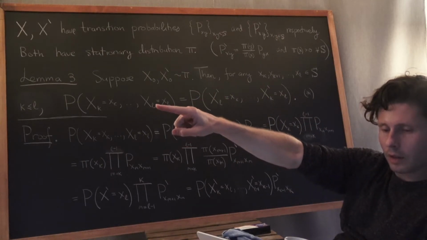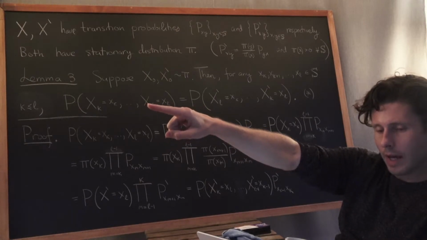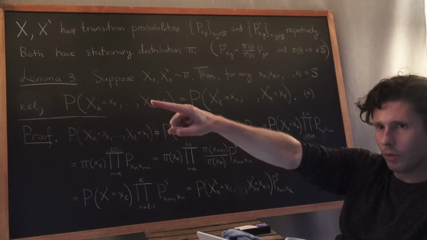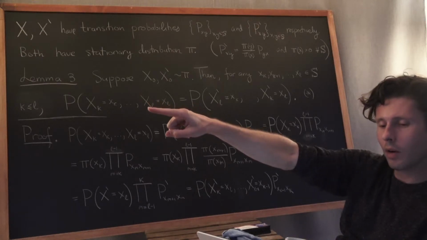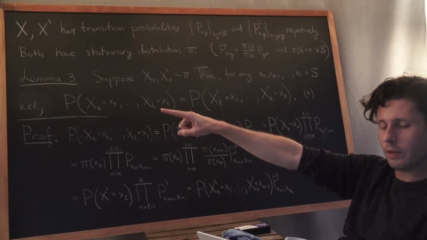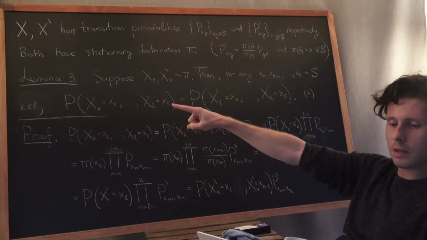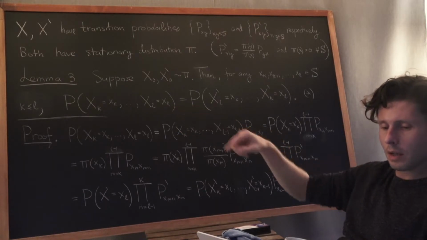Then xk plus 1 is equal to little xk plus 1, and so on, all the way up to the endpoint of the trip, the final time, when xl is in state little xl.